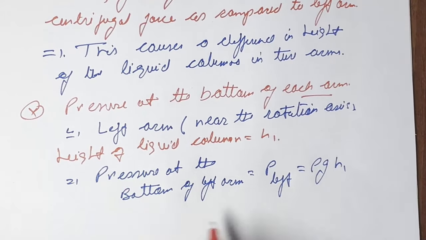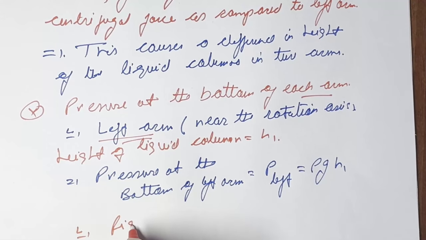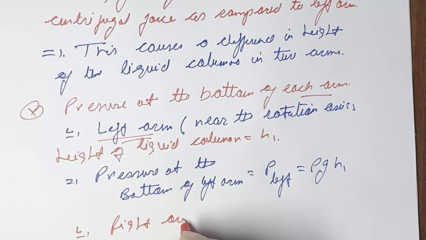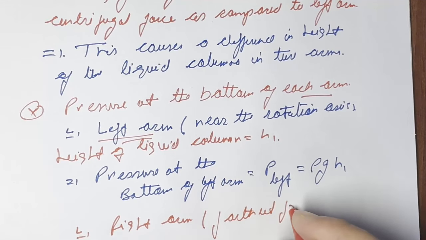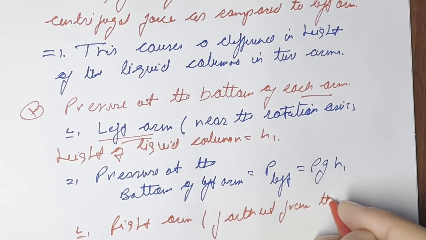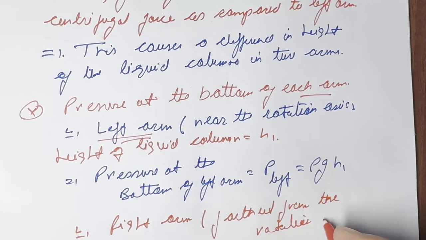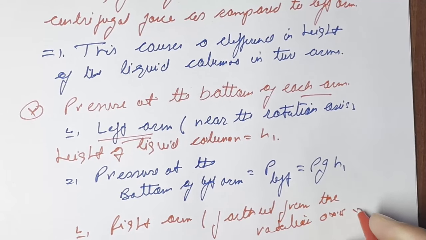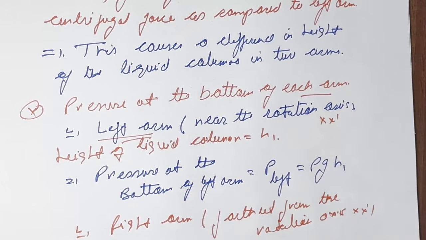Now we do a similar analysis for our right arm, which is farthest from the rotation axis, which we called xx prime.